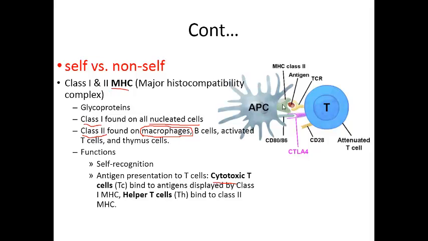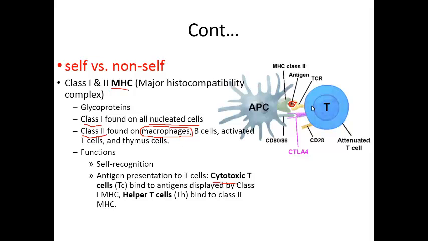It's going to use its MHC, which is going to be a class 1 MHC if it's a normal body cell, to hold out a piece of that antigen. And it presents that antigen to the cytotoxic T cell. When the cytotoxic T cell responds to that antigen, it's going to respond by killing the infected cell. So cytotoxic T cells respond to a class 1 MHC.